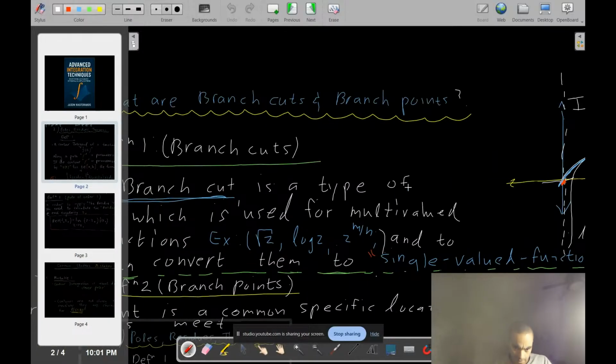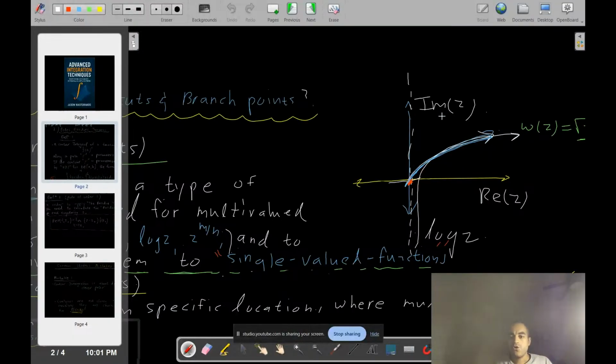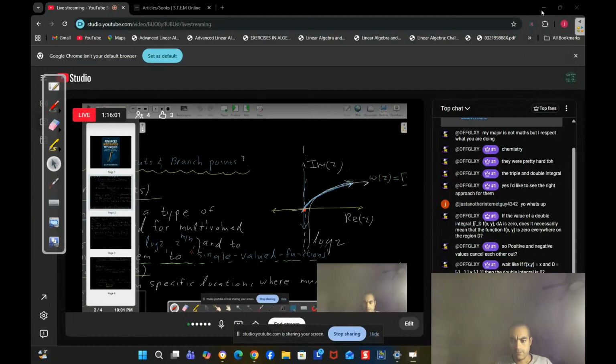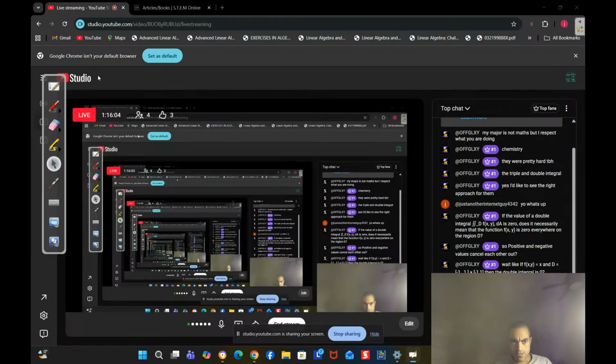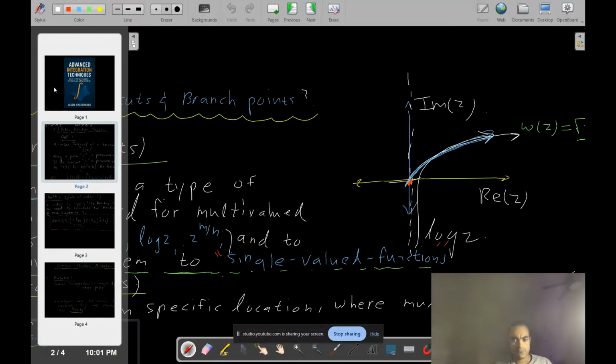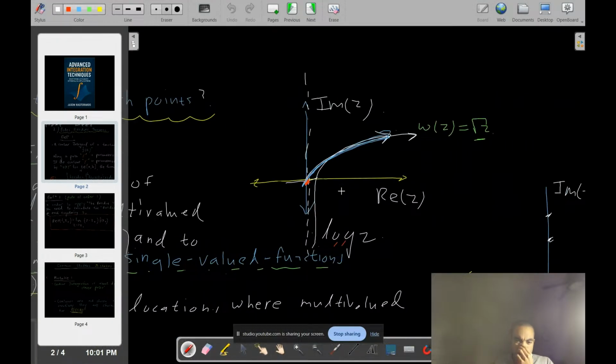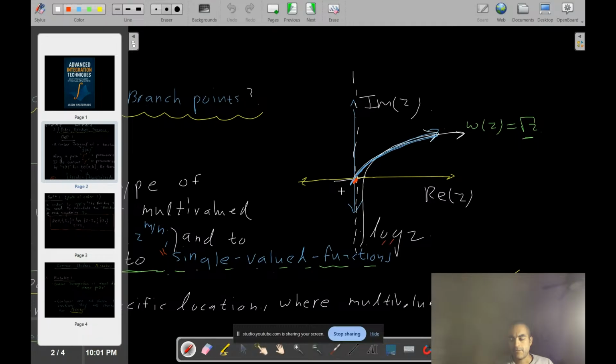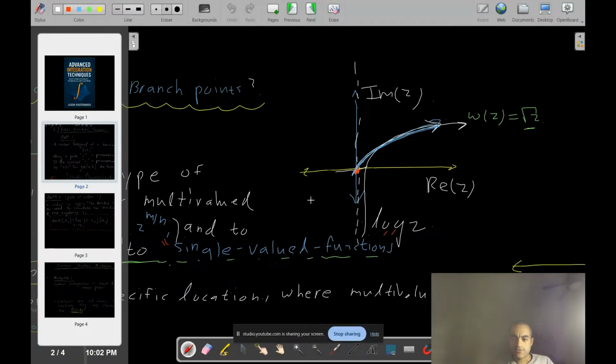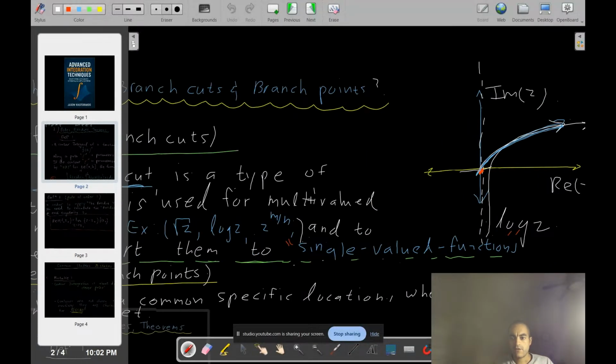I gave an example of that, and this is on the complex plane, because contour integration is on a complex plane. On a complex plane, we have the real and the imaginary axes. Put thumbs up if you understand. On the real and imaginary axes, we're going to graph our functions.